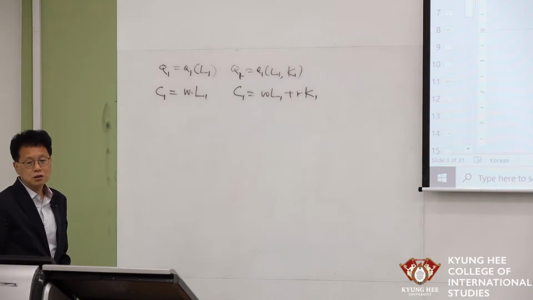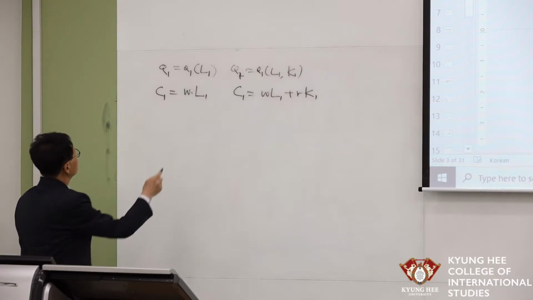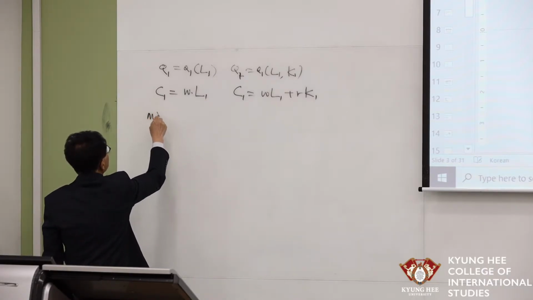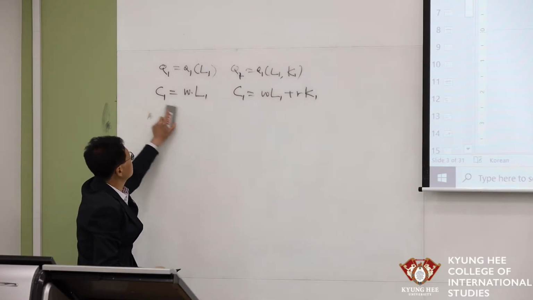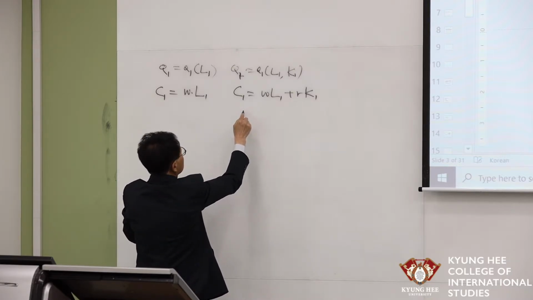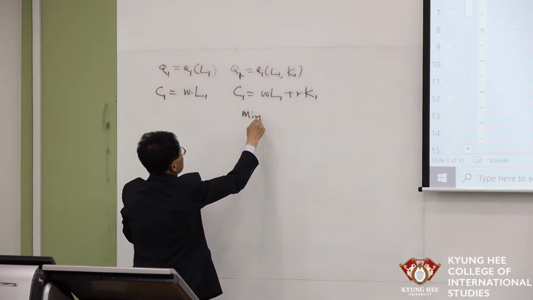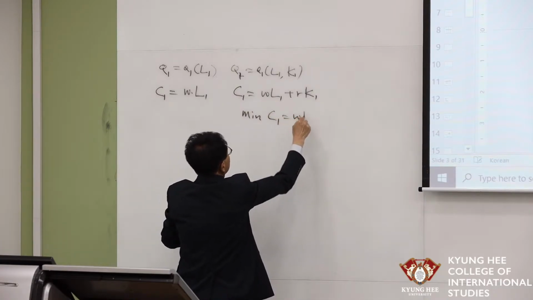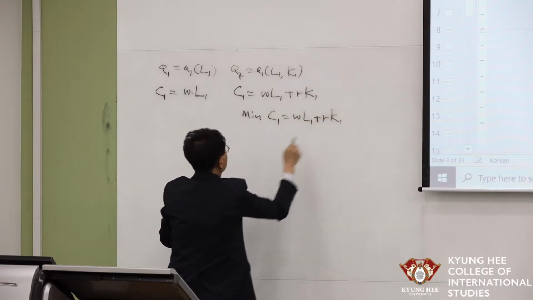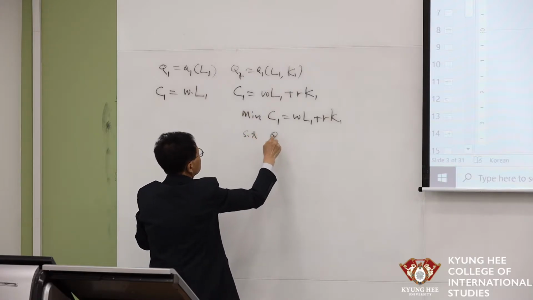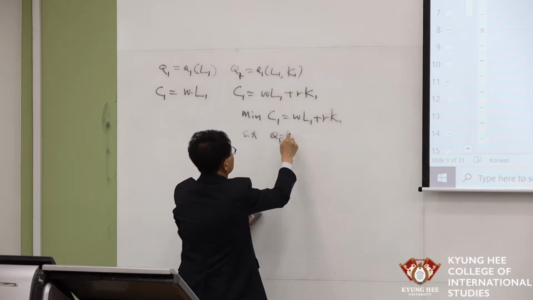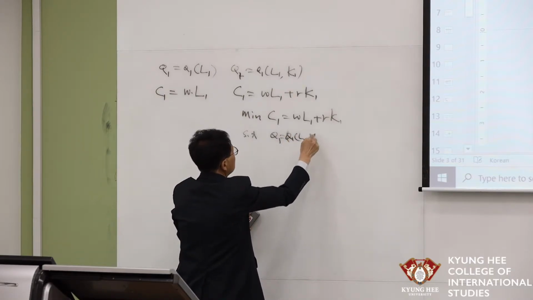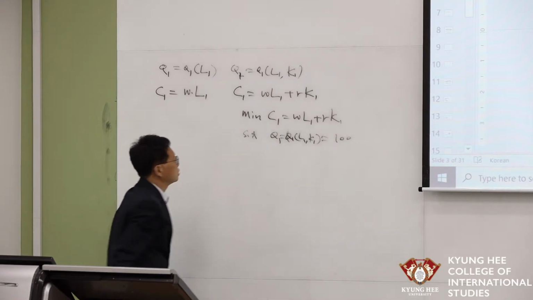Input choice is a cost minimization problem. Now think about this. You want to minimize total cost. Let me explain the 2 good case. Then we minimize cost, wL plus rK, subject to producing Q(L, K) equal to, for example, 100 units.